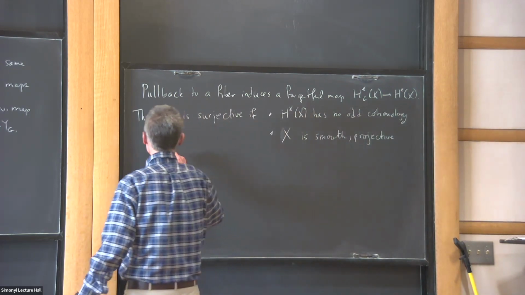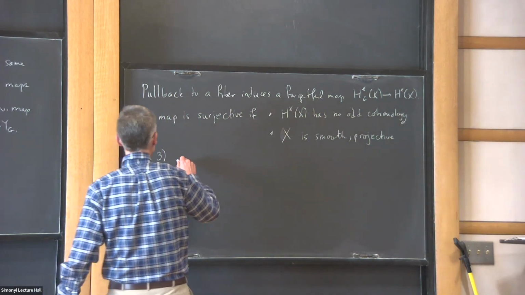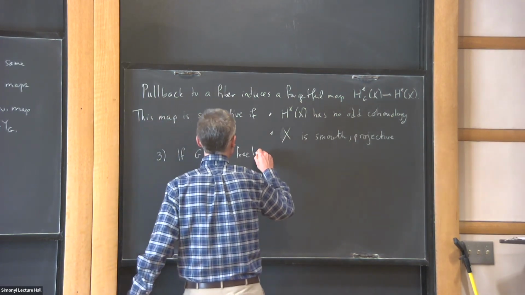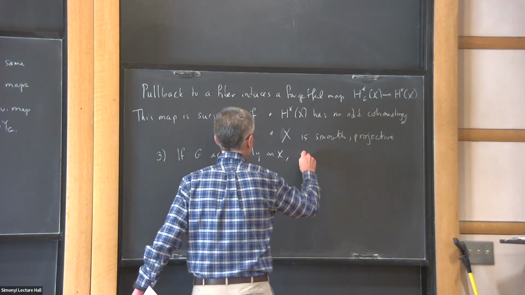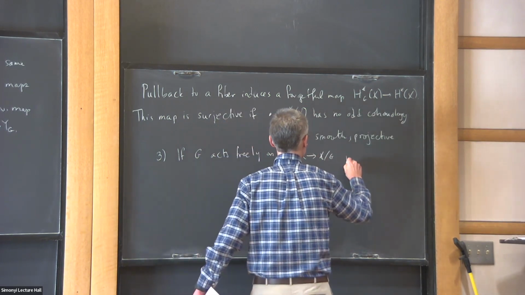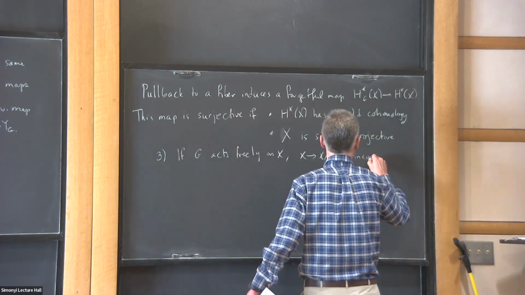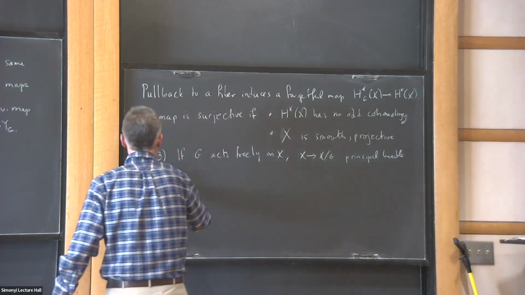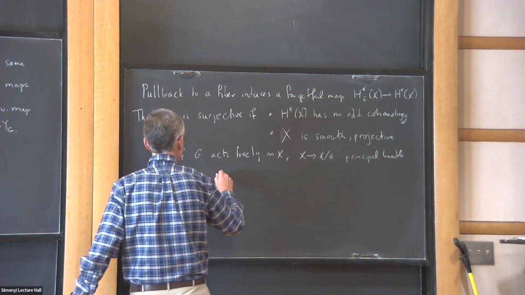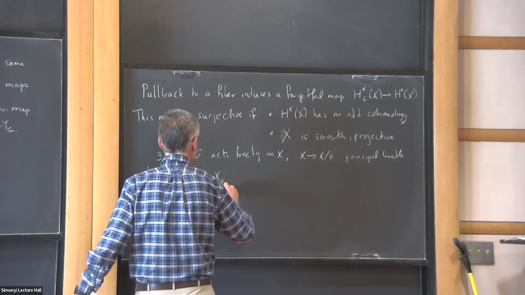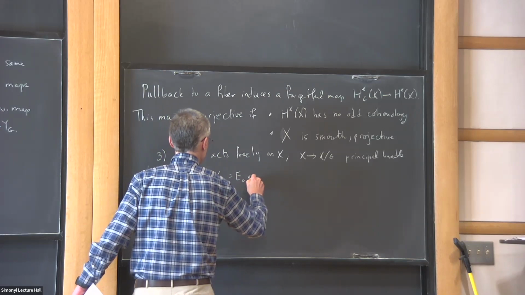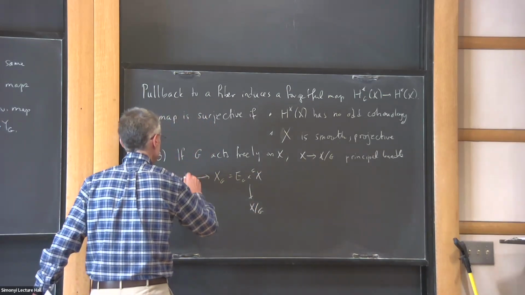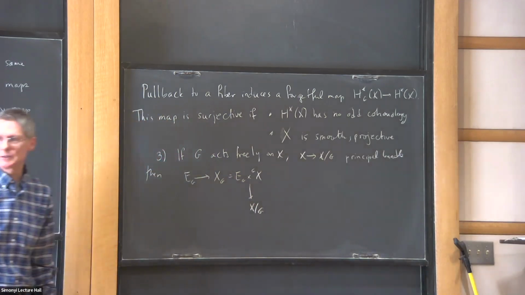Okay, I should mention one other fact, which is sort of easy: if G acts freely on X, so I have X goes to X mod G as a principal bundle, then I have a fibration, which is X_G, again EG cross_G of X, but now I can go down to X mod G, and the fibers will be EG, which is contractible.